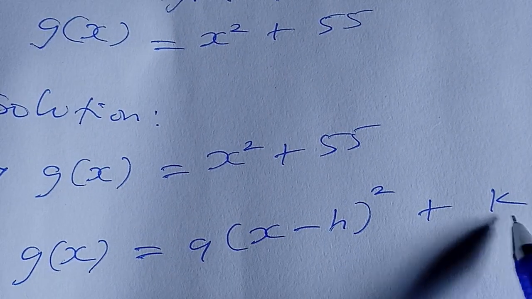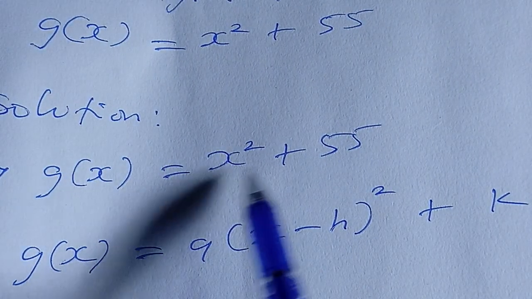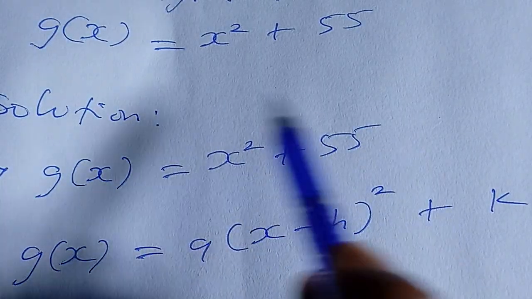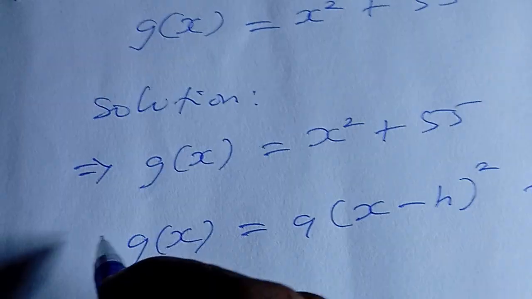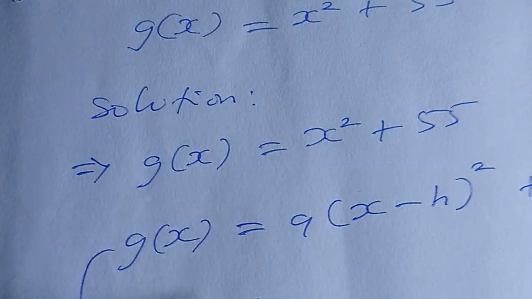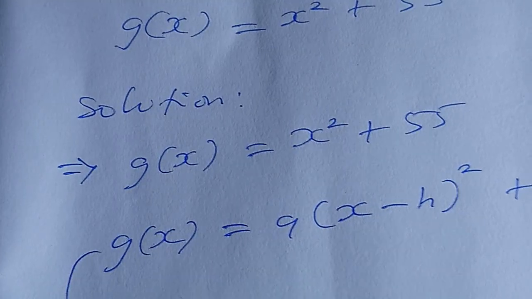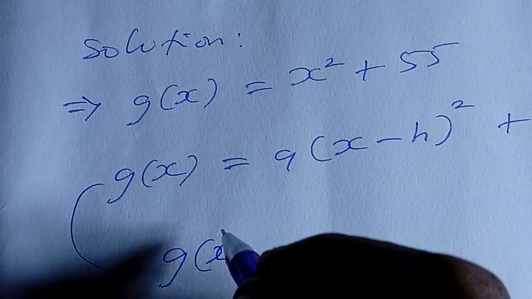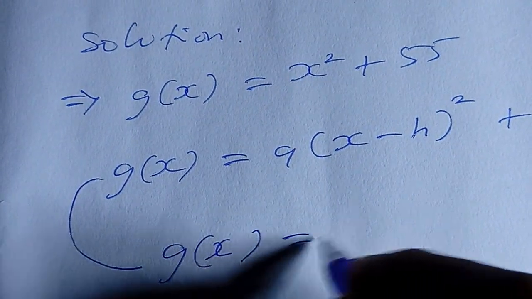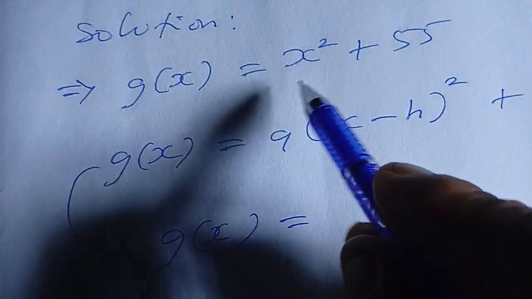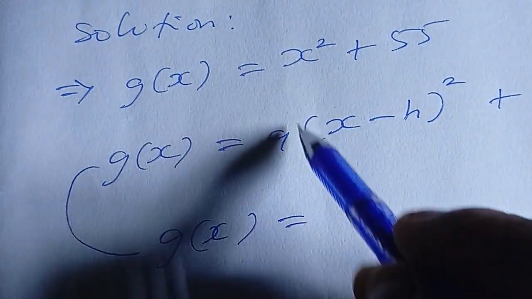So from here, we can rewrite this function we're given using this format. We can rewrite it like this: g of x is equal to, now here we're going to look at a. What is our a?